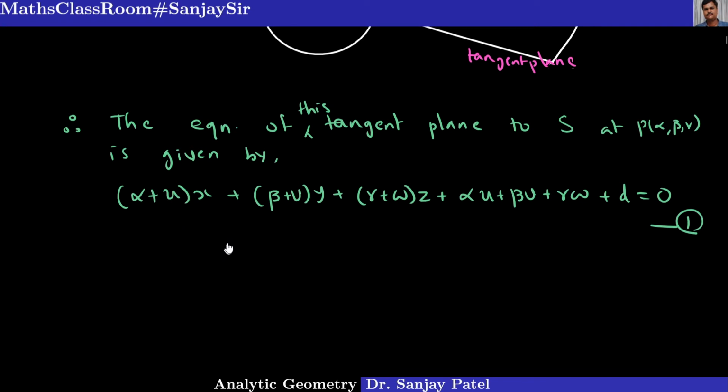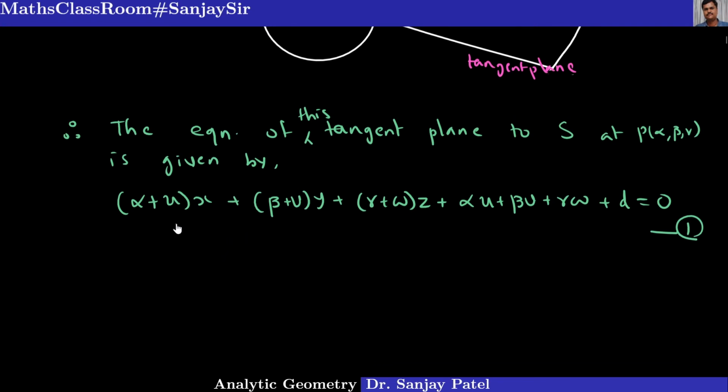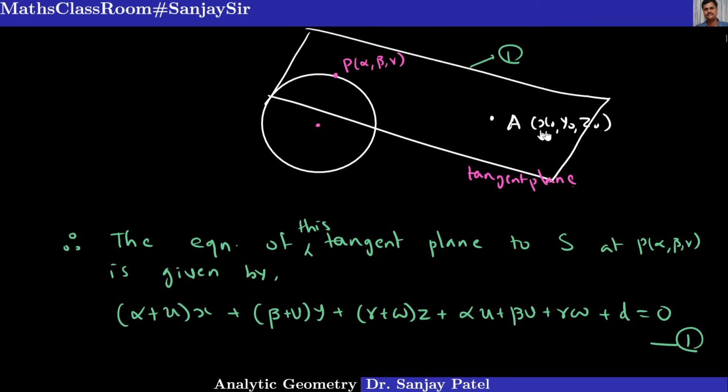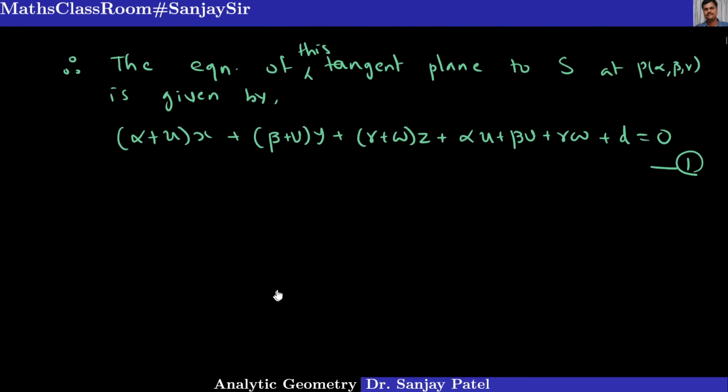And this tangent plane is passing through the point A(x0, y0, z0). So this point satisfies this equation. So I can put x equal to x0, y equal to y0 and z equal to z0. So let us write down that fact.